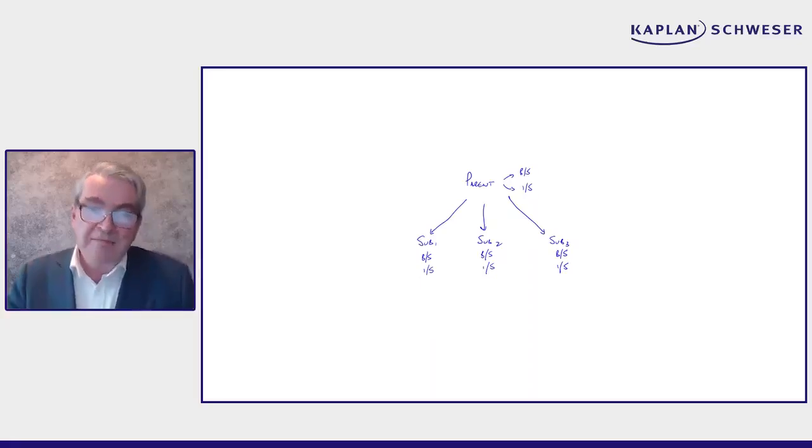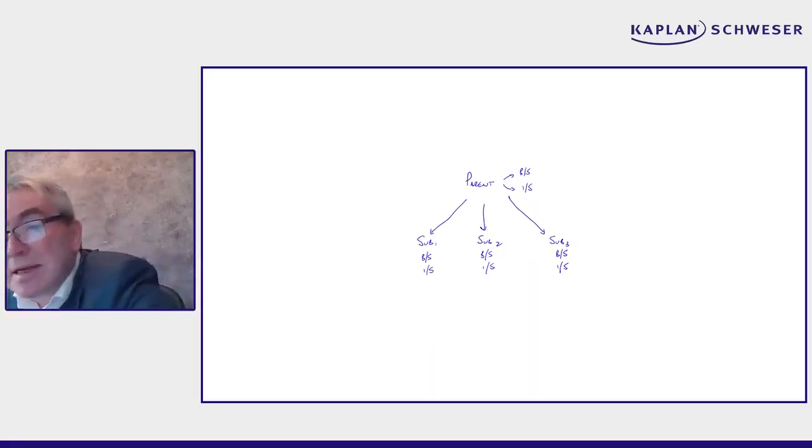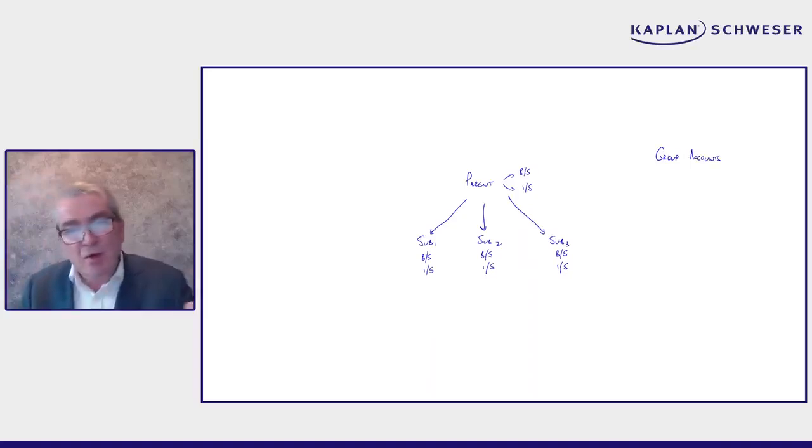But when you have this situation with a parent and then subsidiaries, what you have to do is produce group accounts. Now, what your group accounts are trying to do is show all of these entities as if they were combined.